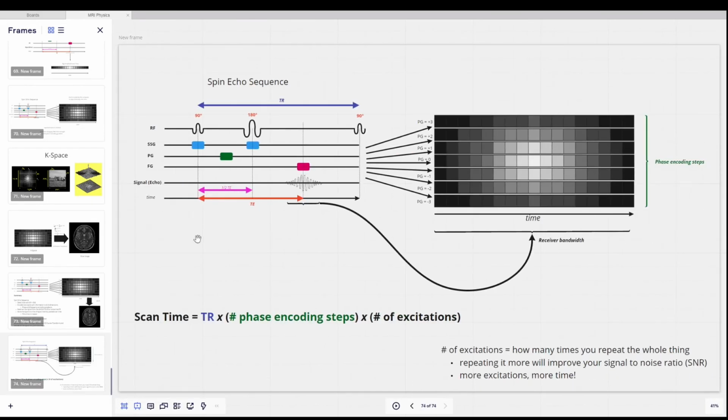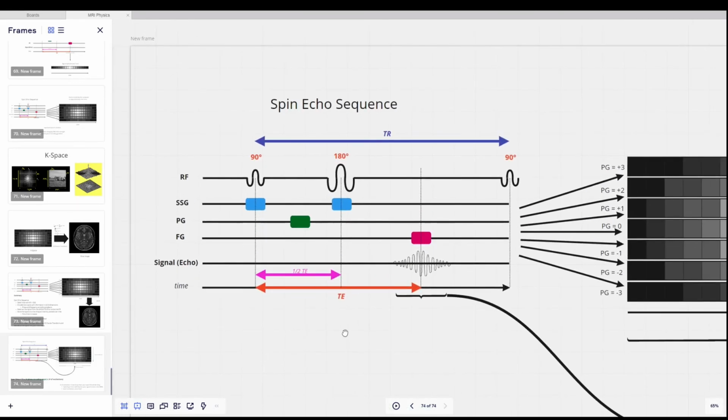I'm just going to make a couple of comments here, pull a couple of things together. This is what we just talked about. You'll notice that when we run our spin echo sequence one time, the amount of time it takes to run this from our 90-degree pulse and our slice select gradient until we repeat it again, that's our TR, our time to repetition.